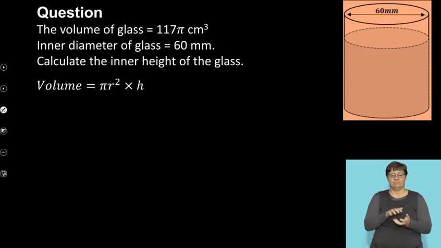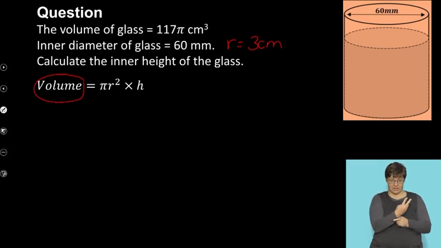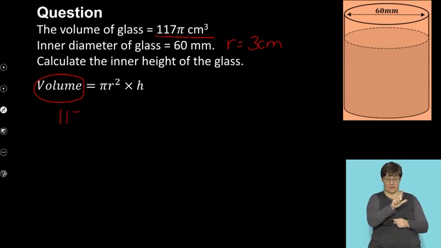So the volume of the glass is 117 pi centimeters cubed. The inner diameter, we've already said, is the same thing as 6 centimeters, and we've said that the radius is 3 centimeters. We need to calculate the inner height of the glass. So what I'm going to do is replace the volume with what I've been told the volume is. So the volume is 117 pi.